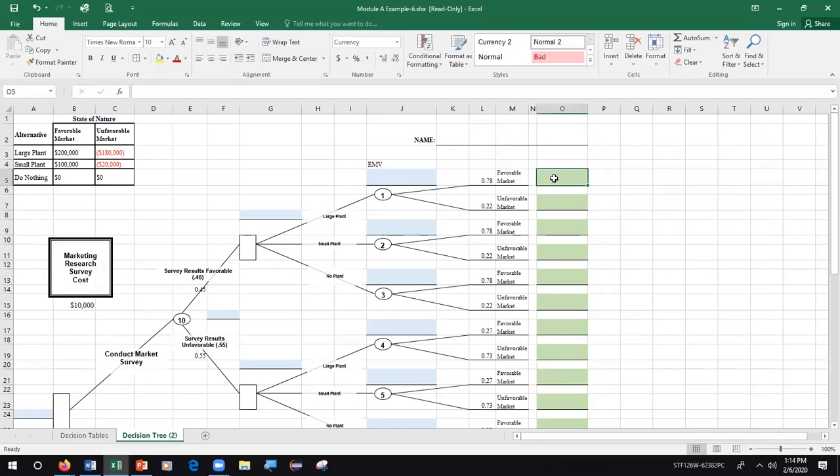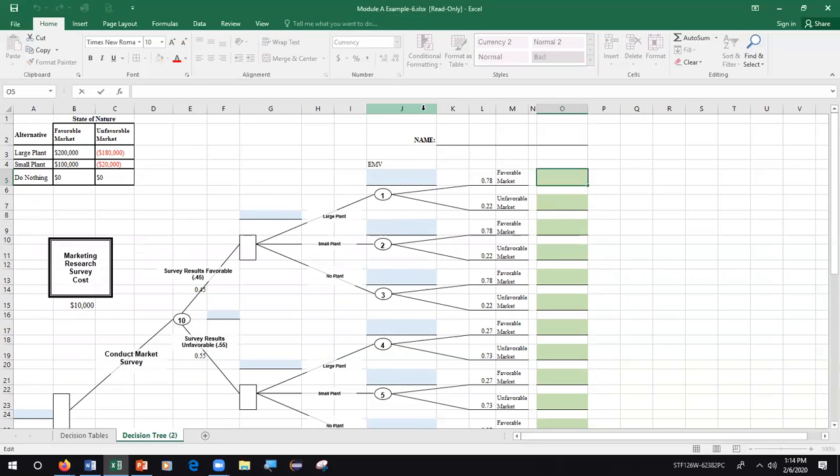Okay, so how we do that is we always start with the same scenario back over here to the far right, and it's the same numbers that we had. If we didn't have this survey, then it would just be equal to this number right here. But because we're going to do the favorable market large plant first, that's the one this is. This is the large plant leg, favorable.